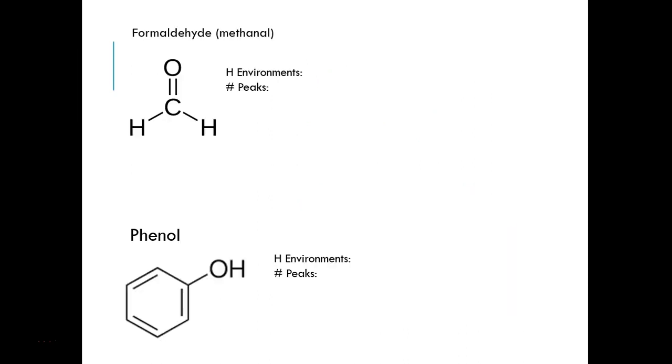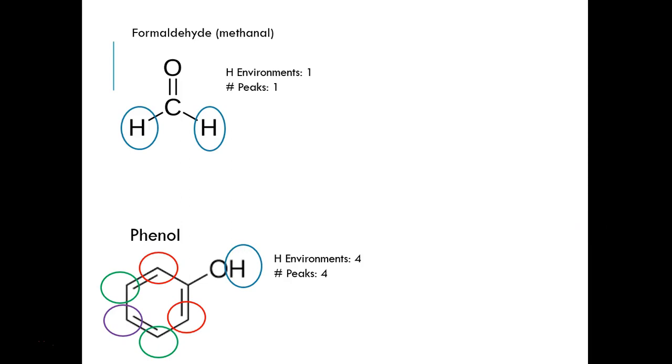Okay, try these next 2 compounds, and we'll check your answers. Okay. So formaldehyde is completely symmetrical. Those hydrogens are attached to the same carbon, so they're in the same environment. Now in this molecule, it's a little more complicated because you really have to look carefully at that skeletal structure. Those carbons that are circled, remember that all of those do have a hydrogen attached.